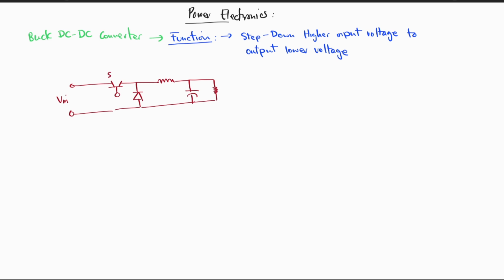This is the switch, this is the diode, this is the inductor, this is the capacitor, and this is the resistor load. And this is a fundamental DC to DC buck converter circuit diagram.